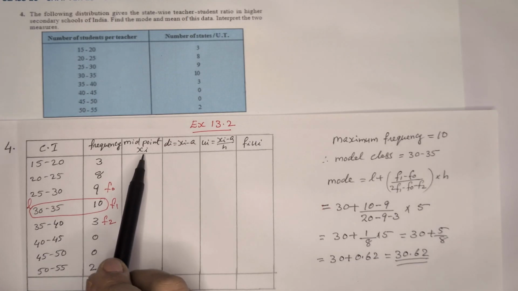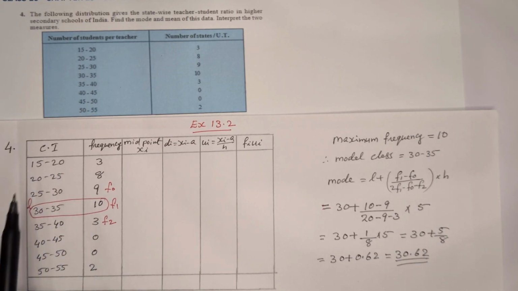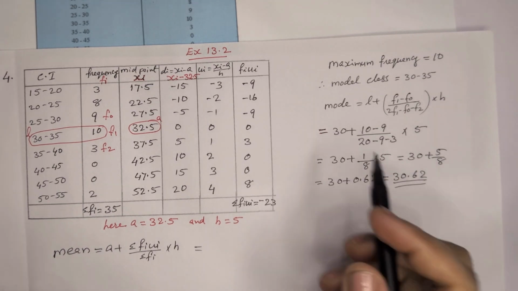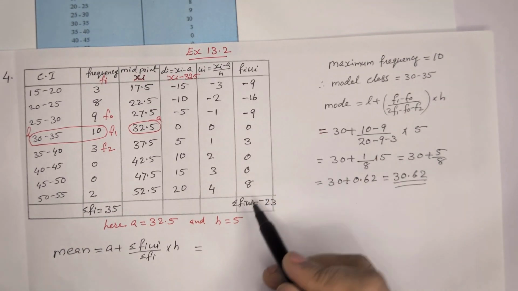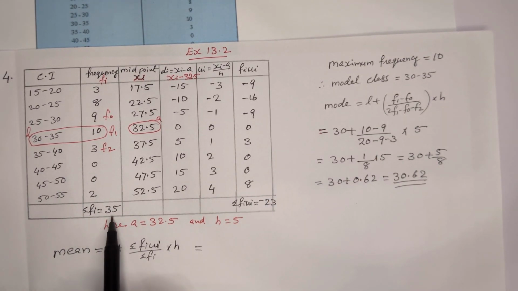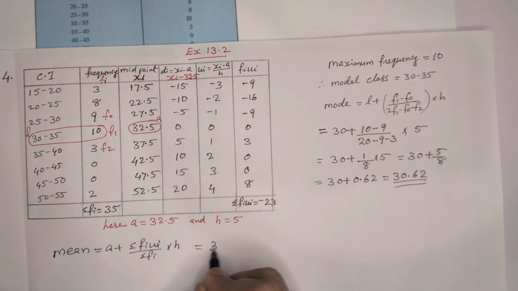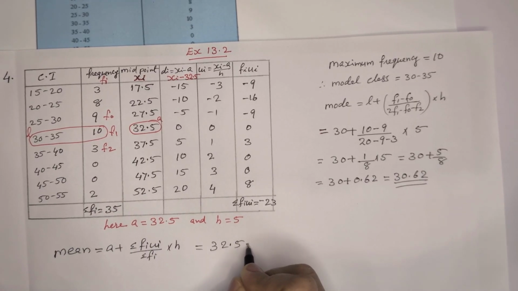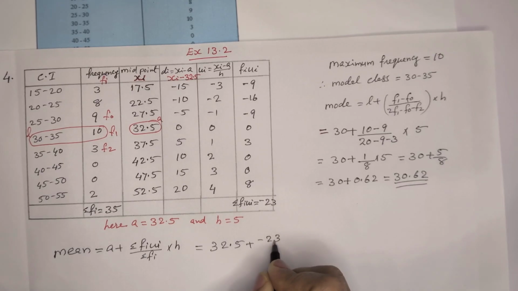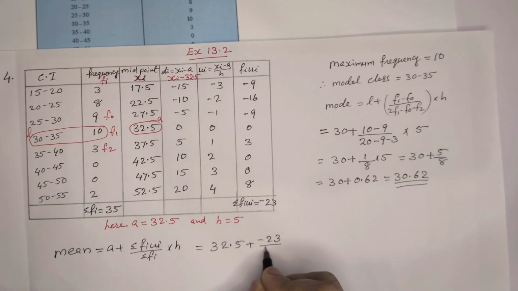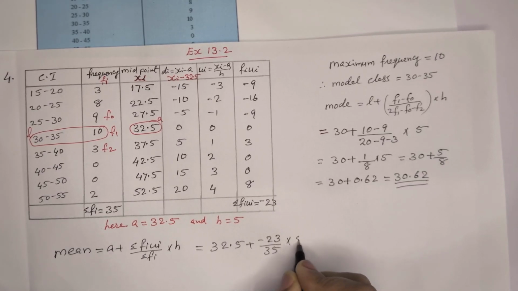For that, the midpoint is 15 plus 20 divided by 2. Here sigma fi ui is equal to minus 23 and sigma fi is equal to 35. So we can write A as 32.5. 32.5 plus minus 23 by 35 into 5.